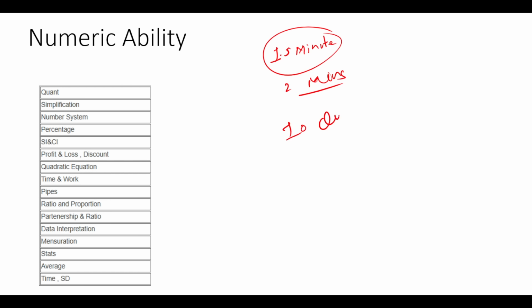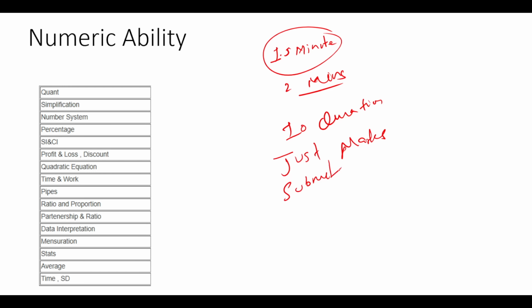If there is no negative marking, as till now in TCS exams, when you have only 1.5 or 2 minutes left for that section and you are left with around 10 questions, don't try to solve them. Just mark the options randomly. Don't read the questions, just mark them and submit the test.